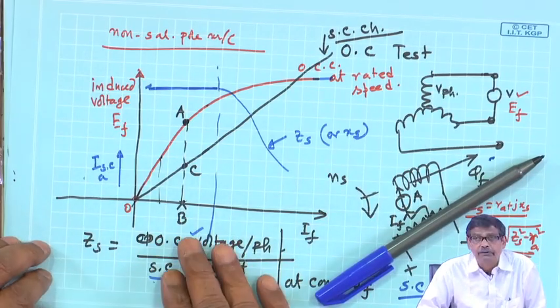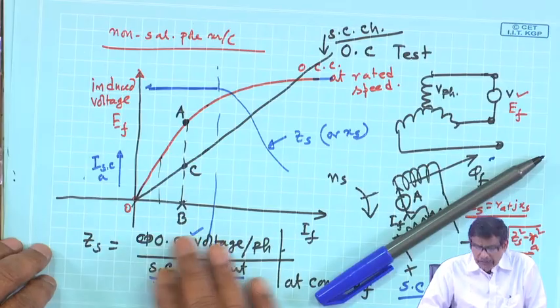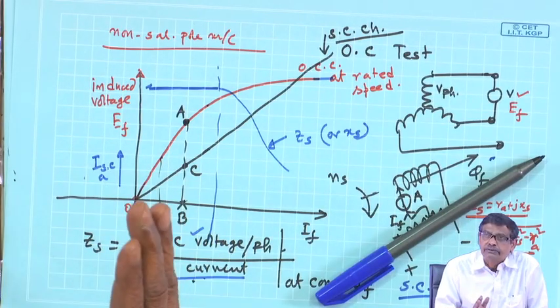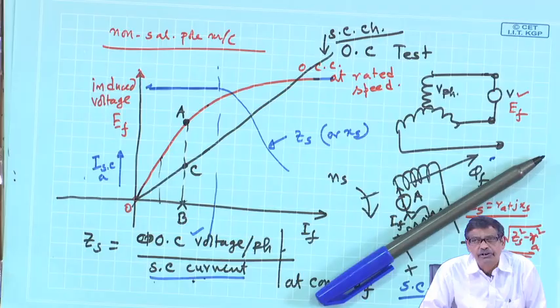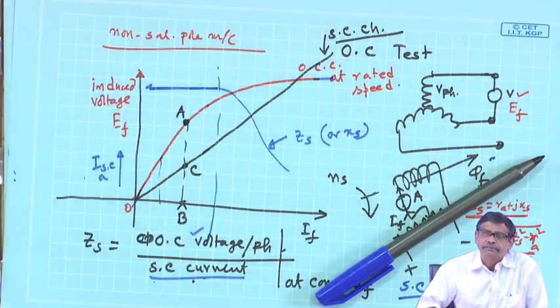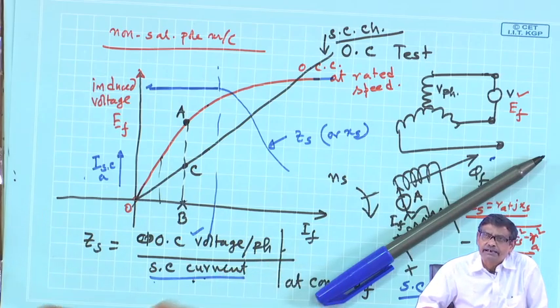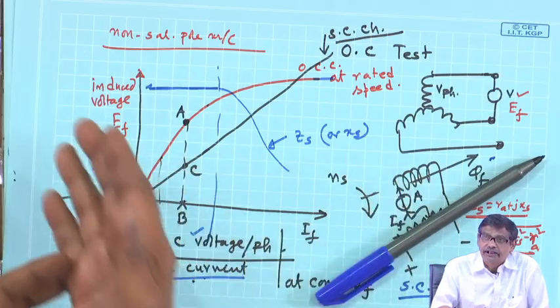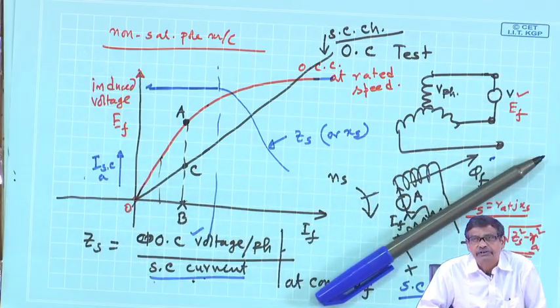But I want to point out that if the machine is operating in the linear zone, XS can be assumed constant, and then you put that constant value of XS. When the machine is loaded, it may be demagnetizing or it may be assisting phi f, so the machine may creep into saturation, and then that value of XS may yield wrong results. So, a corrected value of XS is to be used then.